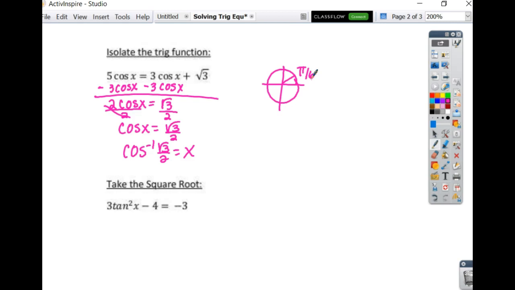So it would also be positive down here, right? So when we do this, this is our alpha. If we want it in this quadrant right here, this is going to be pi minus alpha. This is going to be pi plus alpha. And this is going to be 2 pi minus alpha.